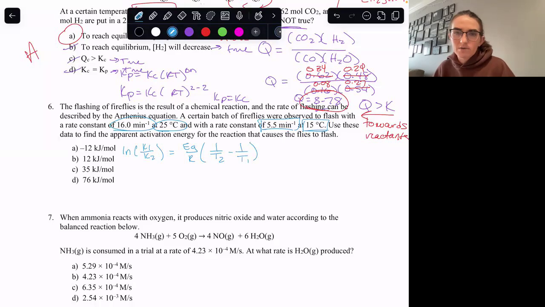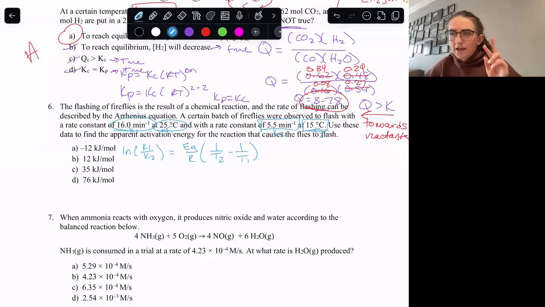It doesn't really matter what you assign to T1 or T2, as long as you keep them the same. Your higher rate constant should go with your higher temperature. So you can label this one as K1 and T1, and then K2 and T2.